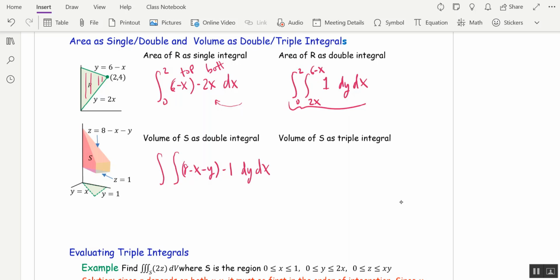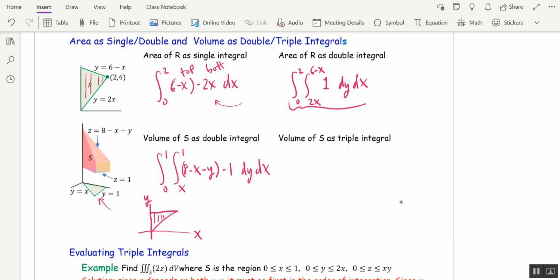And to get my xy limits, I think it would be helpful to take this picture here and put it into the xy plane so I can see it better. So this is y equal 1, and this is y equal x. So there's our region right there. So if we do our y limits next, y would go from x to 1, and x would go 0 to 1.